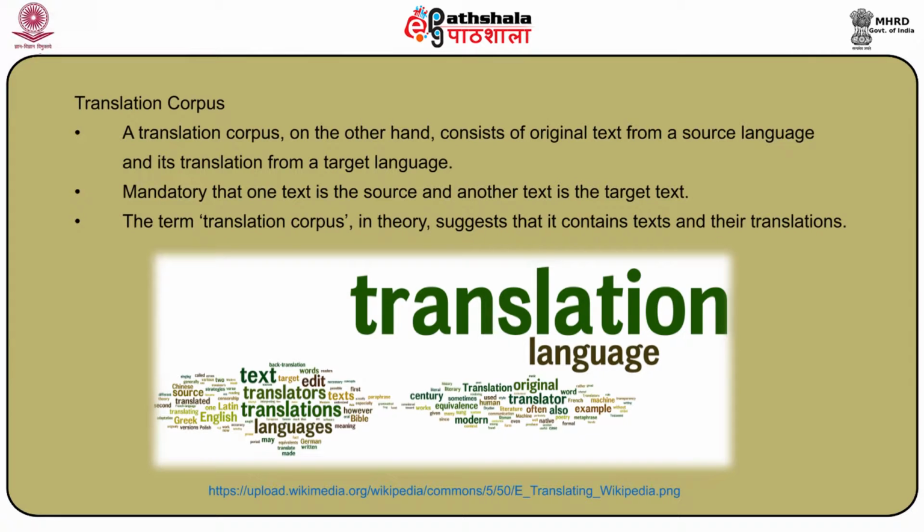So while a parallel corpus doesn't have the obligation to be a translation from one language to another, in the case of a translation corpus, it is mandatory that one text should be the source text and the other text a target text. It suggests that it contains texts and their translations. Therefore, it is entitled to include bilingual and multilingual texts if possible. It can contain just anything that fits under the notion of translation.